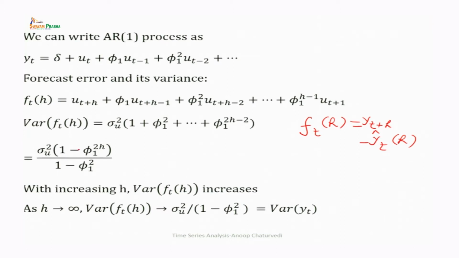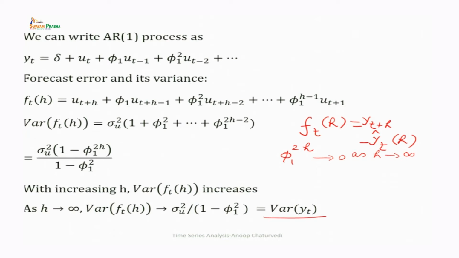Now, as h increases, this term phi 1 to the power 2 h decreases. Actually, it tends to 0 as h tends to infinity. So, variance of this forecast error increases as h increases, and as h tends to infinity, this variance tends to sigma square u upon 1 minus phi 1 square, which is actually the variance of the original y t.